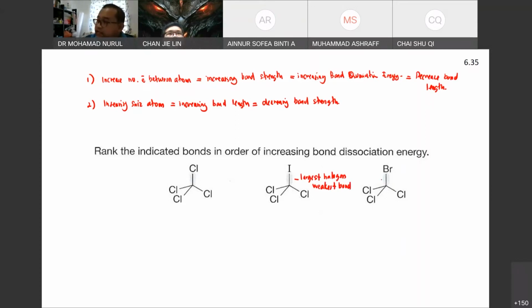Meanwhile, chlorine is a small halogen, so this one has the strongest bond, and bromine is intermediate, in between.